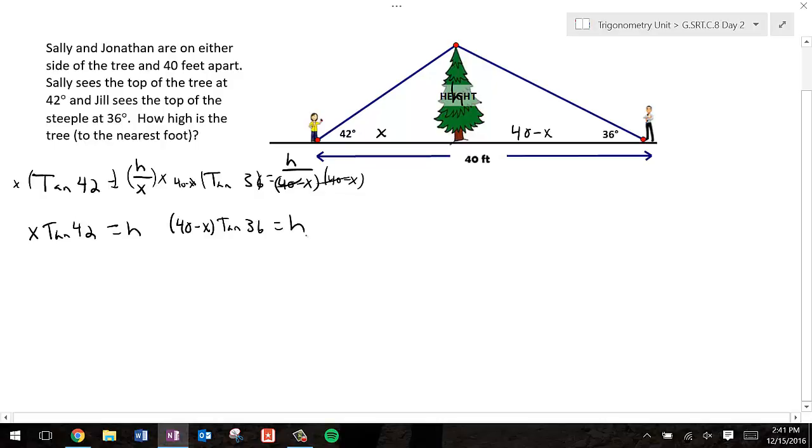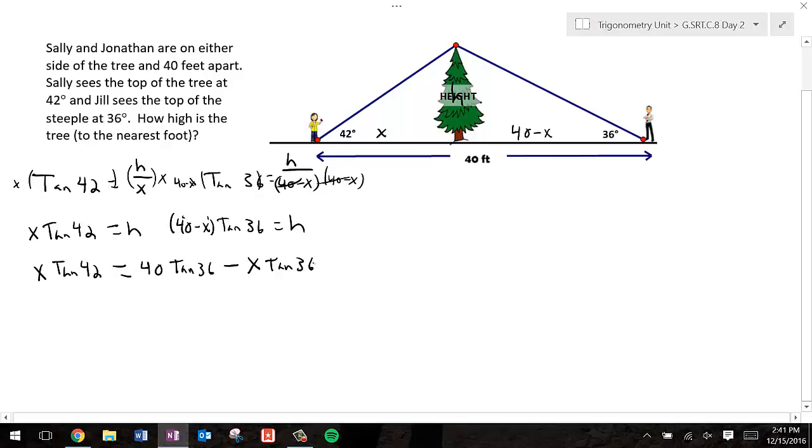We can then substitute those in and set them equal to each other. What I'm going to do is distribute this tangent of 36 to each of my two terms here. So I've got x times the tangent of 42 equals 40 times the tangent of 36 minus x times the tangent of 36.